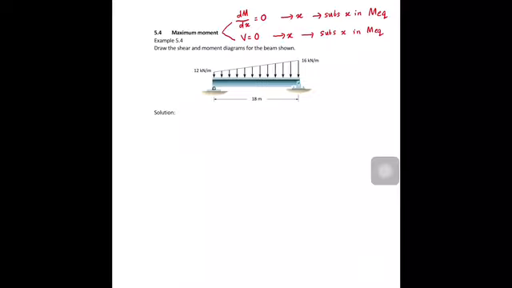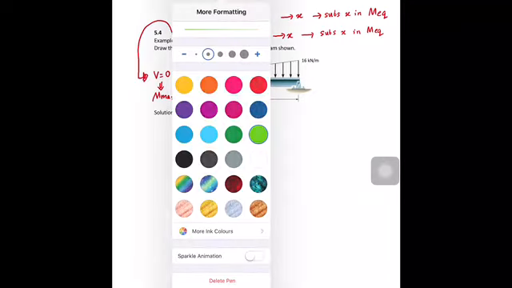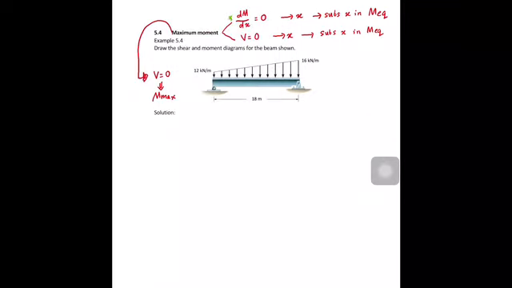The maximum moment will lie at the point where v is equal to 0. How do you get the maximum moment? By these two methods. Differentiate the moment equation and set it equal to 0.